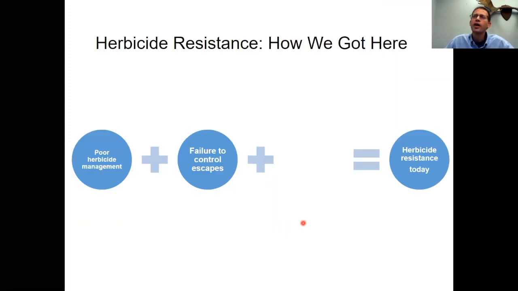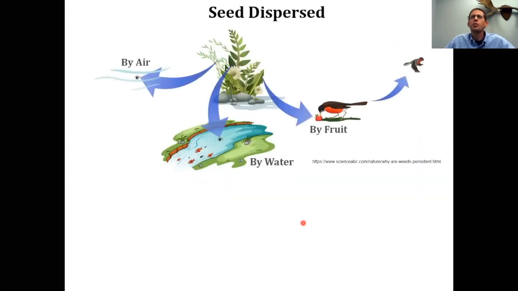And I challenge you to actually find a crop to harvest in all of that mess. And the last part of how we got here with herbicide resistance is we failed to prevent the transport of these escaped weeds. Now remember, weed seeds can be dispersed by several mechanisms. They can be dispersed by the wind, by animals, either by eating them or just by transporting them on their fur. They can be transported by water.